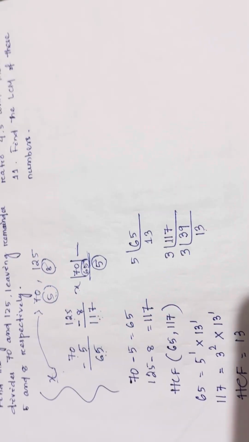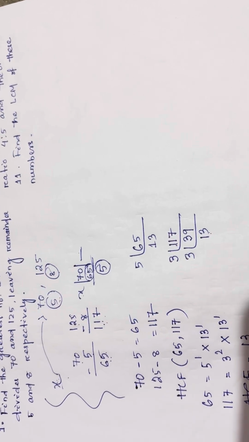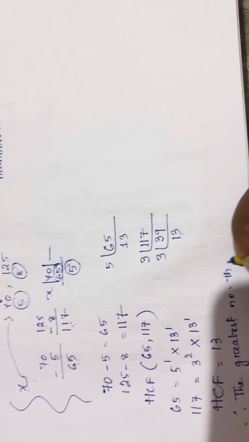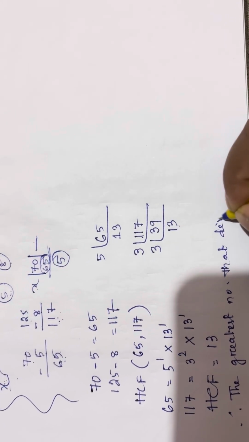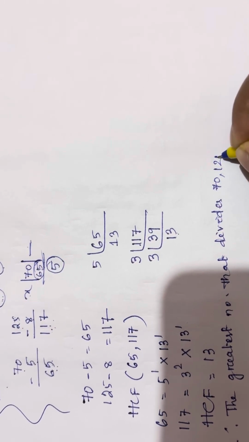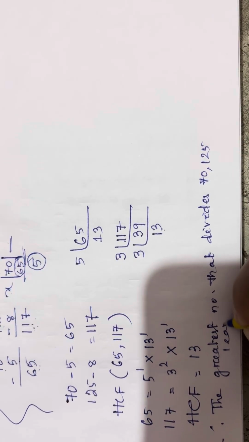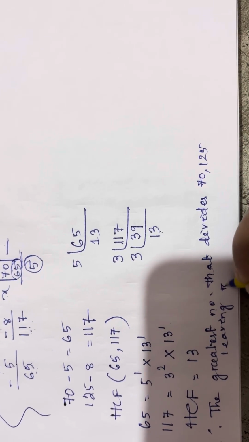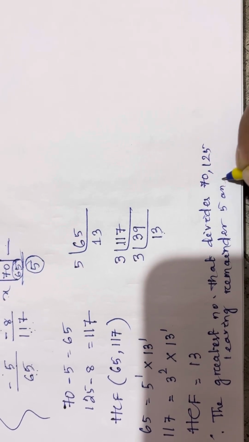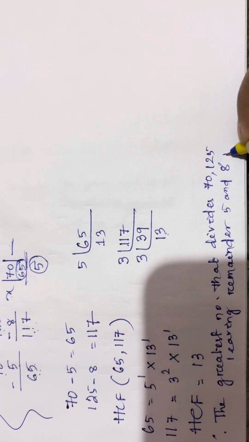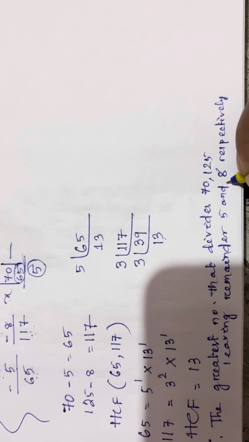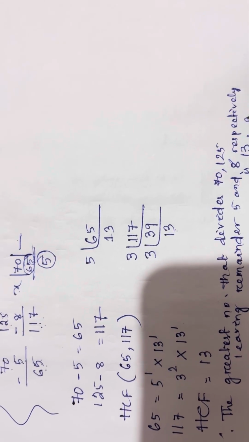So our answer will be: the greatest number that divides 70 and 125, leaving remainder 5 and 8 respectively, is 13. This is the answer.